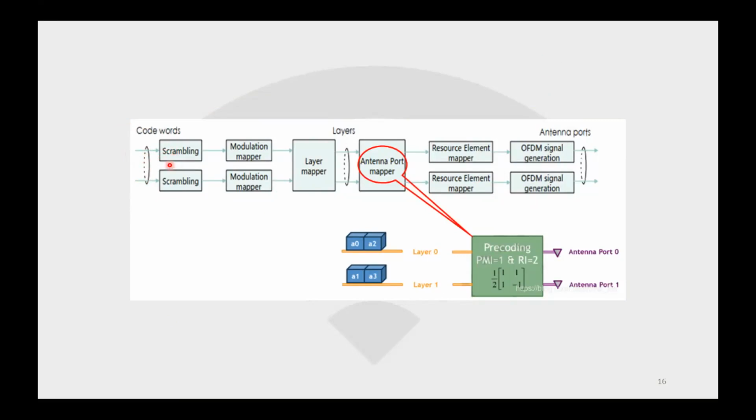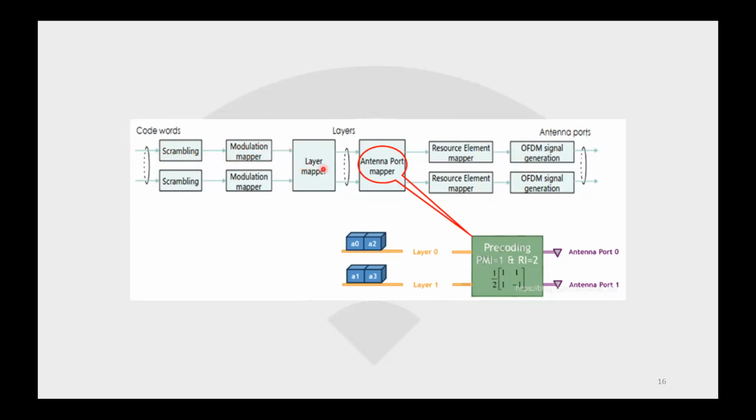Then it does scrambling to disperse the errors, and then modulation mapping, which is referred to as digital modulation.